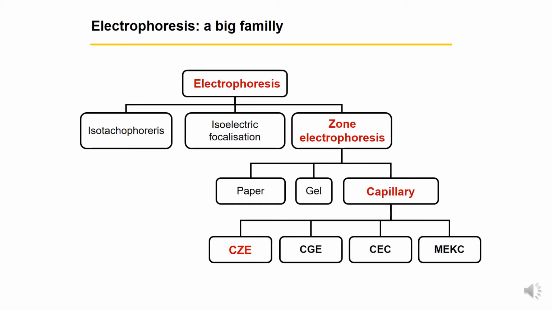So here you have the family of electrophoresis. As chromatography is also a big family of separation methods, with a genealogical tree, you see gas chromatography, for example, and liquid chromatography, and with liquid chromatography you have HPLC, you also have ionic chromatography, ion exchange chromatography, ion pairing chromatography, SEC chromatography.